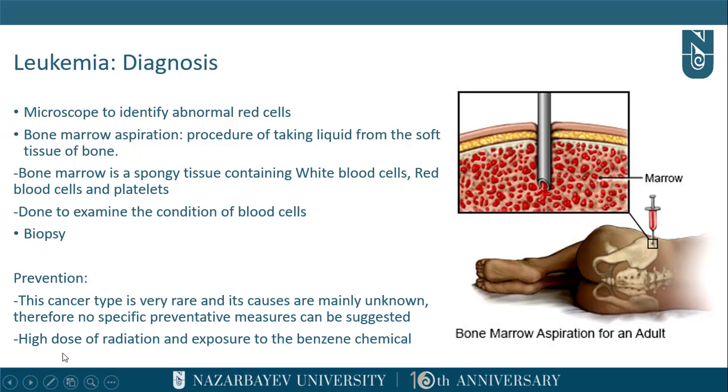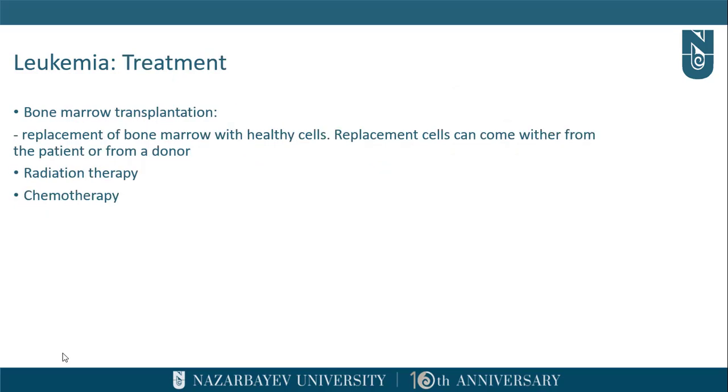And how can we prevent it? This type of disease is very rare, and the cause is also unknown. So generally there are no specific preventive measures that can be offered. However, high doses of radiation and chemical exposure, for instance to benzene, should be avoided in order not to develop this type of cancer. So how can it be treated?